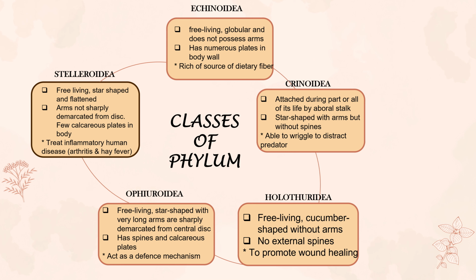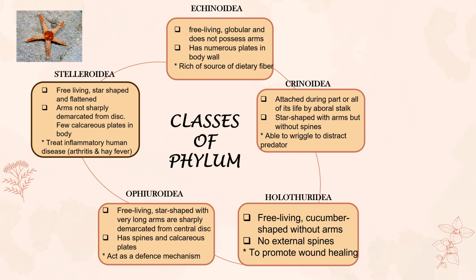This phylum has 5 different classes. The first one is Stelleroidea, which is starfish. They are free living, star shaped and flattened, with arms not sharply demarcated from the disc, and few calcareous plates in the body.